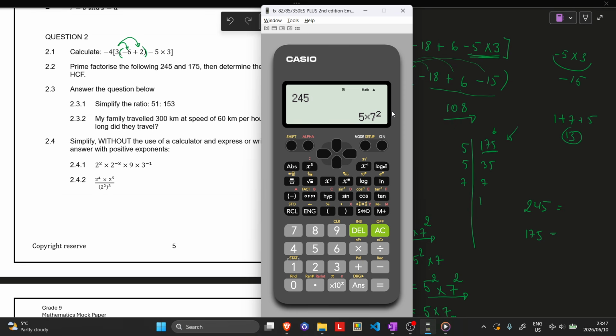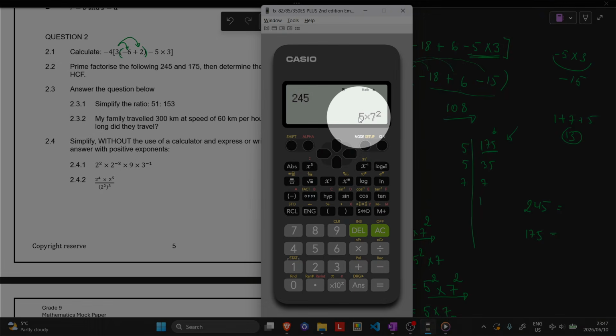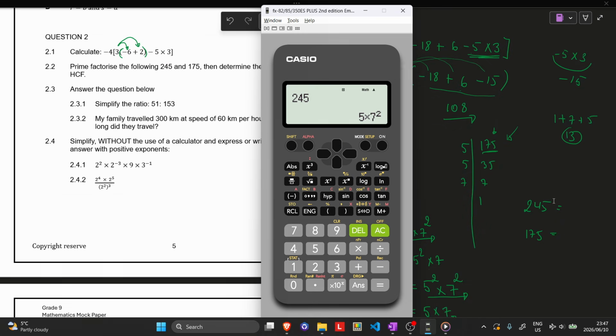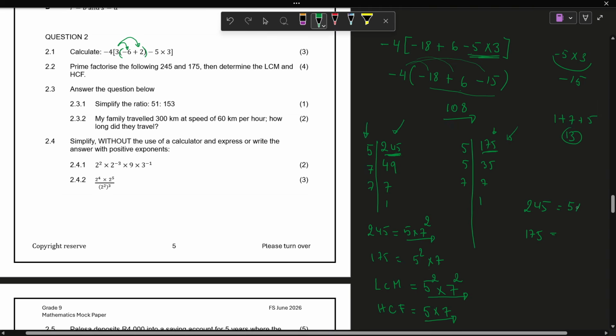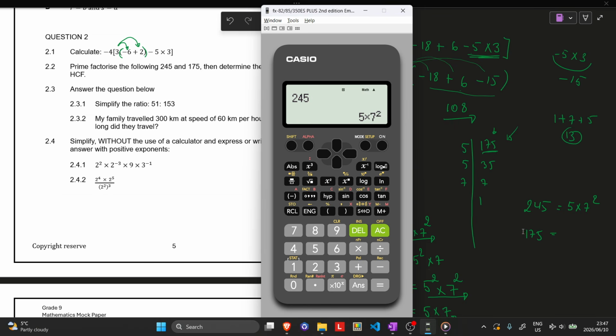So it gives me the factors here. So this is our answer, right? Right here. So we found the first one. We can just write it right there. So it is 5 times 7 squared. This is what we found already. And then we do the other one again.